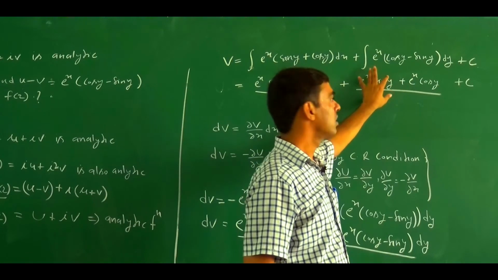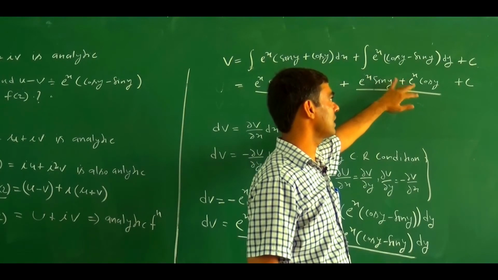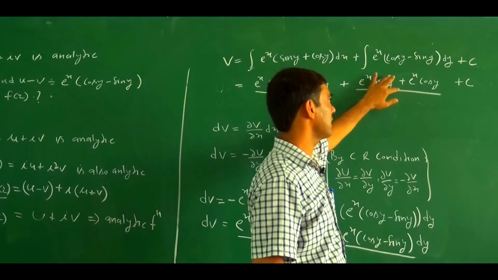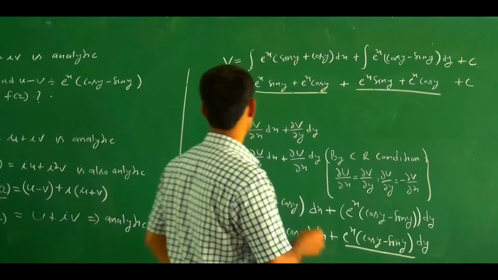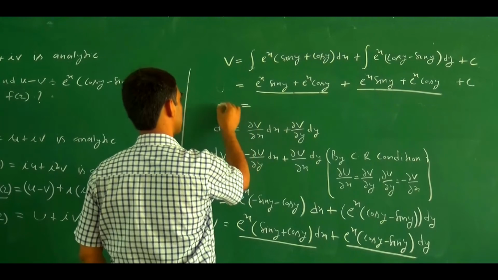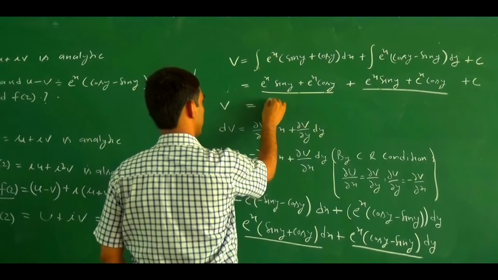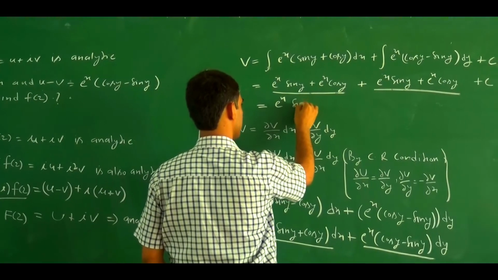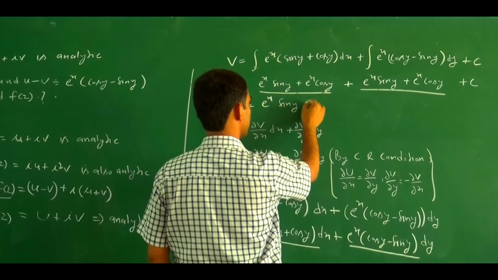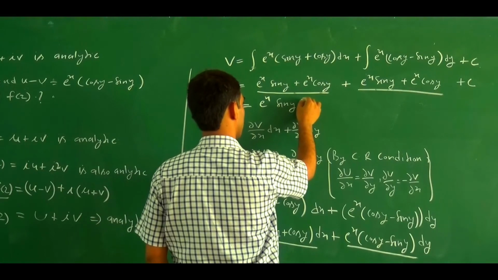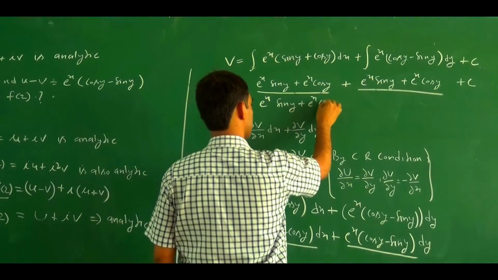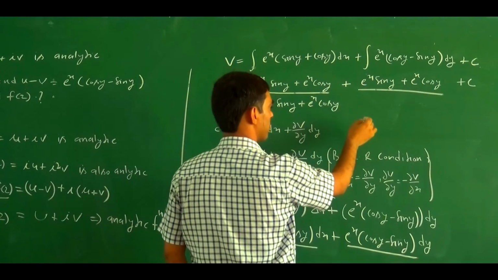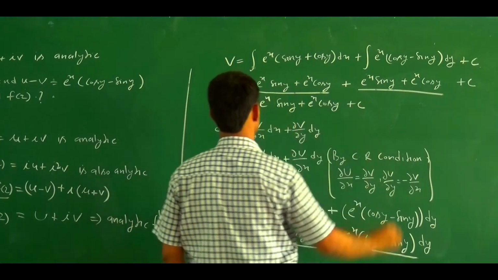We ignore all the terms which occur after integration of the second term. So the value becomes v equals e^x sin y plus e^x cos y plus a constant of integration c.